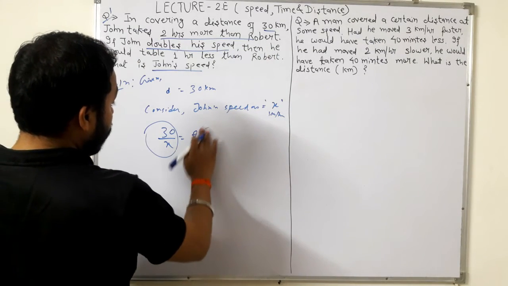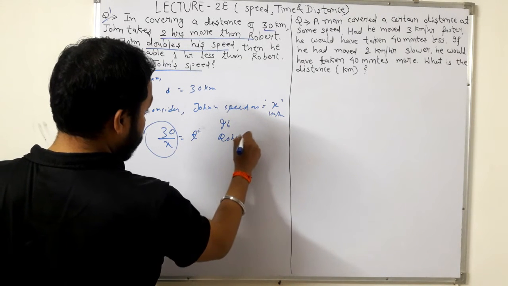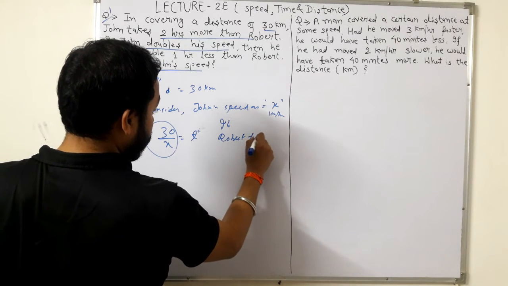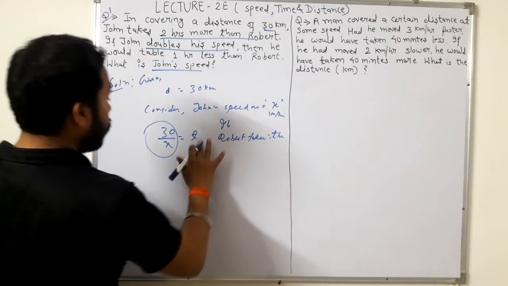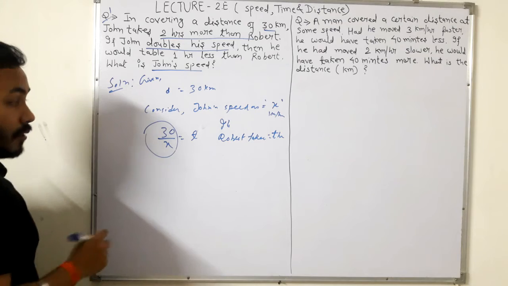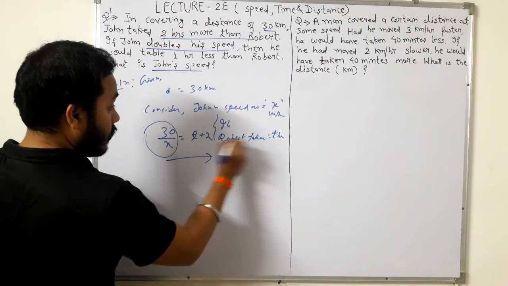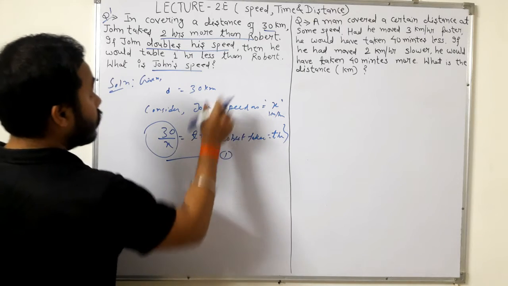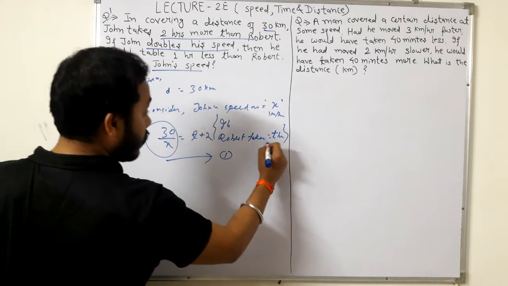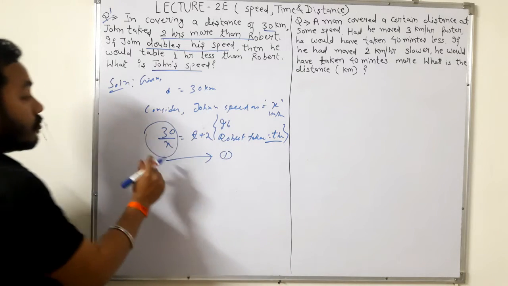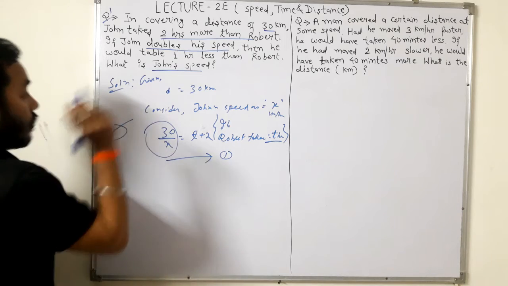So 30 by x is equal to t plus 2. That is clear to you from the first fact.